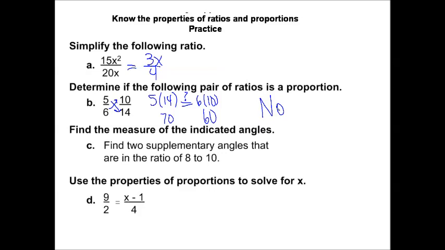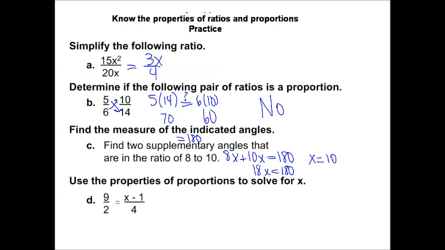Find two supplementary angles that are in a ratio of 8 to 10. So we're going to do our 8x plus 10x. They are supplementary, so that means they're going to equal 180. 8 plus 10 is 18. And then if I divide both sides by 18, I'm going to get that x equals 10.